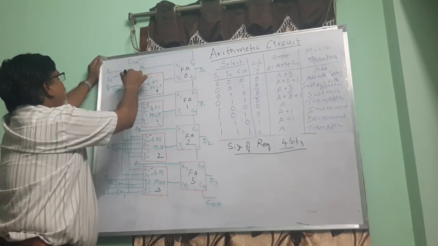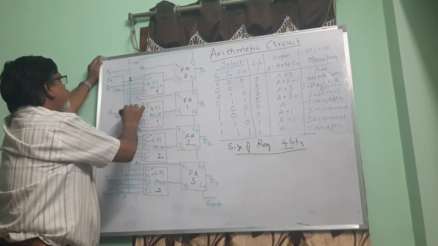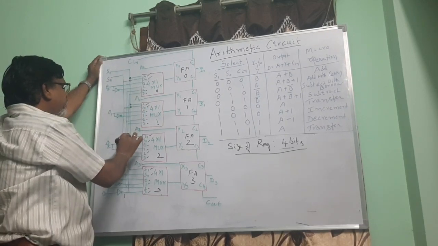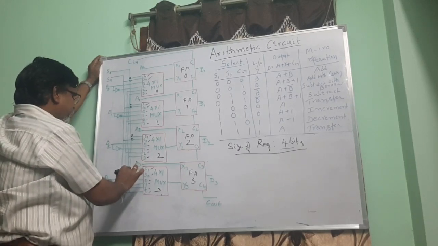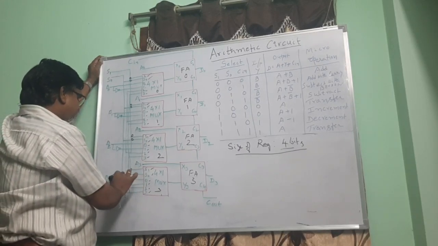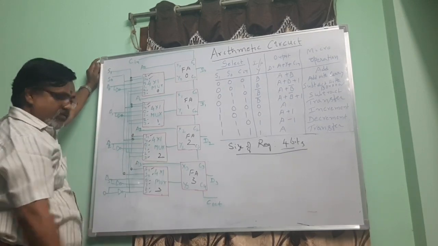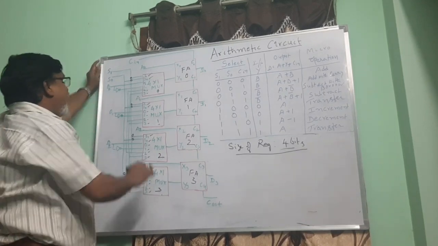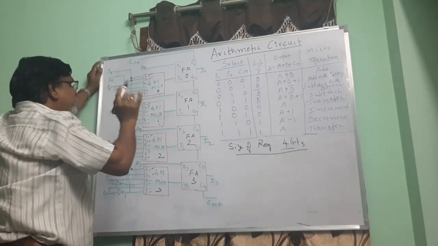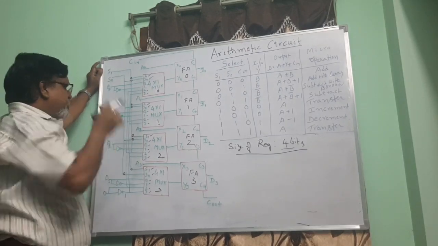The same is passed to the second multiplexer, both are connected. Again the same is connected here. Again the same S1 and S0 connected like this. Fine? Now 2 select lines for selecting any of the 4 options.